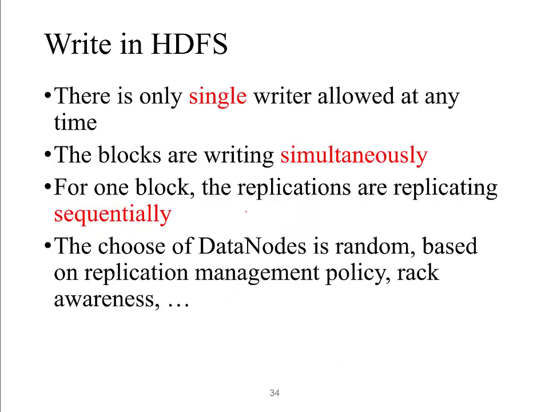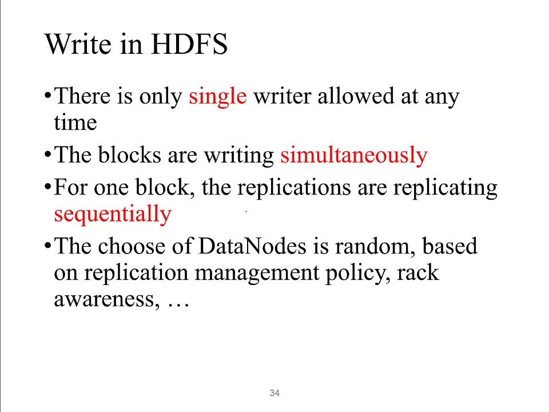So there are some additional points that I want to mention here about the write procedure. First of all, there's only a single writer allowed at any time to a specific file.